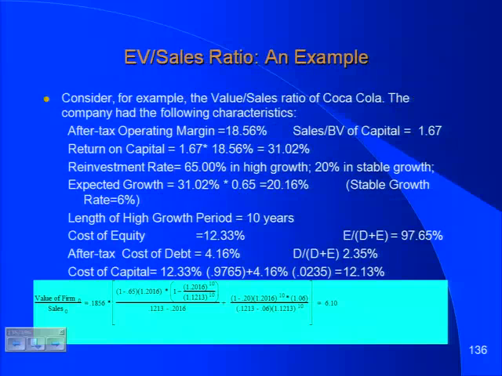it's astronomical. An 18.56% after-tax operating margin is almost unheard of for a large company. That high after-tax operating margin fed into a high return on capital, which in turn created a high growth rate. At the end of the process, I said, based on my numbers, I think you're worth 6.1 times revenues. 6.1 times revenues would translate into a value of about $79 billion.